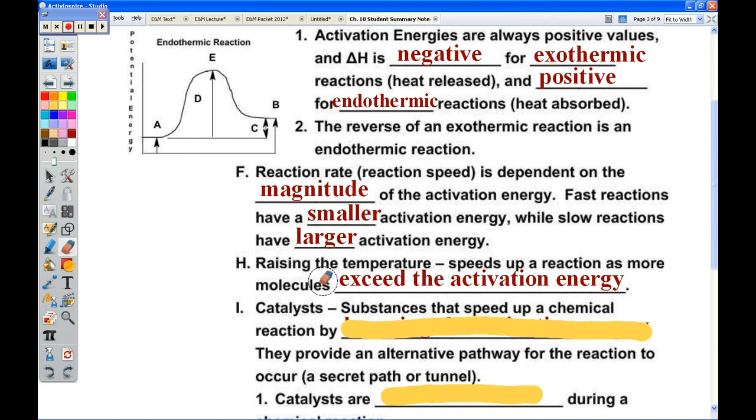So if we're increasing the amount of energy of all of the reactants, the chances of them having the collision at the right amount of energy in order to react will increase. Not only that, but if they're traveling faster, they're going to collide more often. So it's kind of a double factor. Not only will they collide with more energy when they do collide, but because there's more of them, the chances of them colliding just the right way will also increase. Yeah? That makes sense? Okay, good.